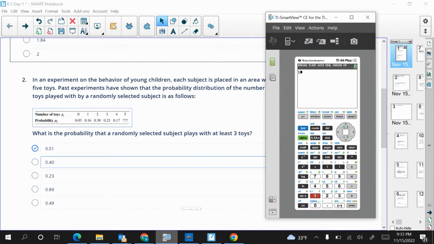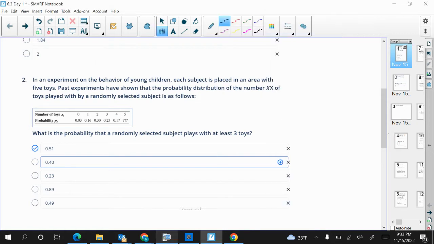So all the probabilities should add up to 1. So I could do 1 minus 0.03 plus 0.16 plus 0.3 plus 0.23 plus 0.17. That is what 5 is.